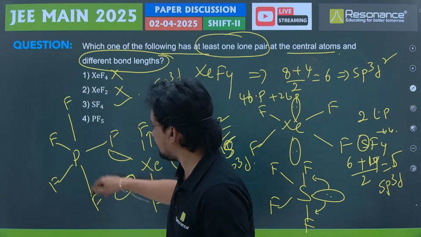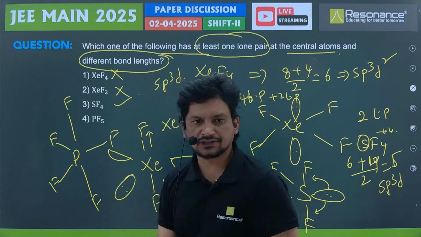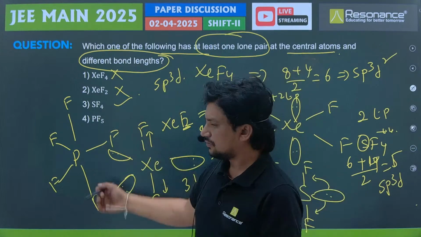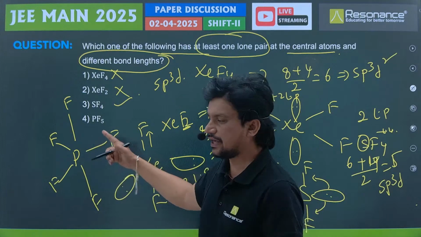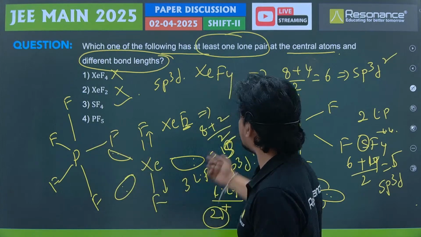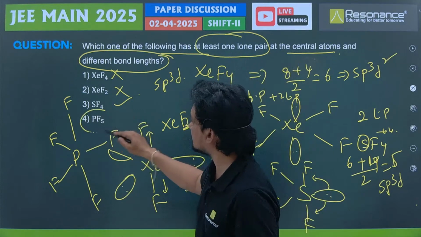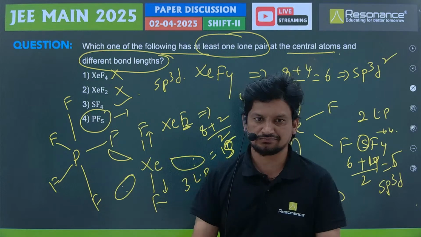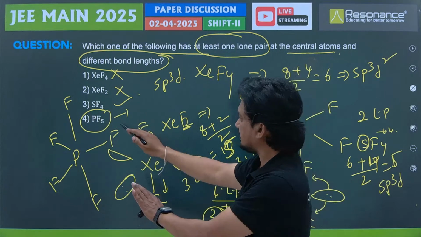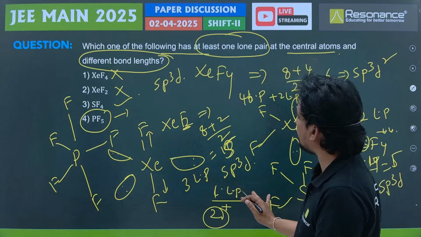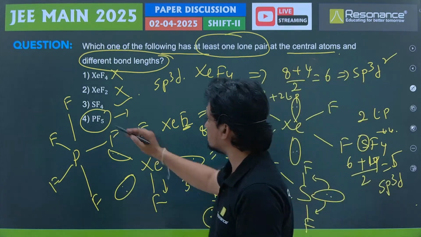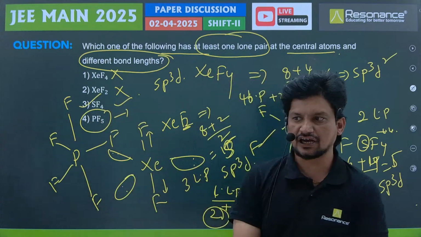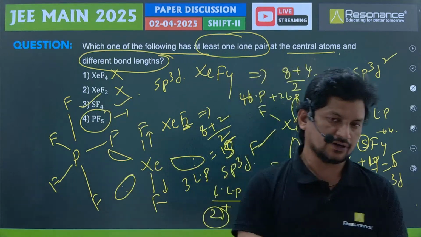Obviously, here also we have 2 different bond lengths, but PF5 does not have a lone pair. So this 4th option does not satisfy the given question. So the answer is the 3rd one. SF4 is the correct answer for the given question.